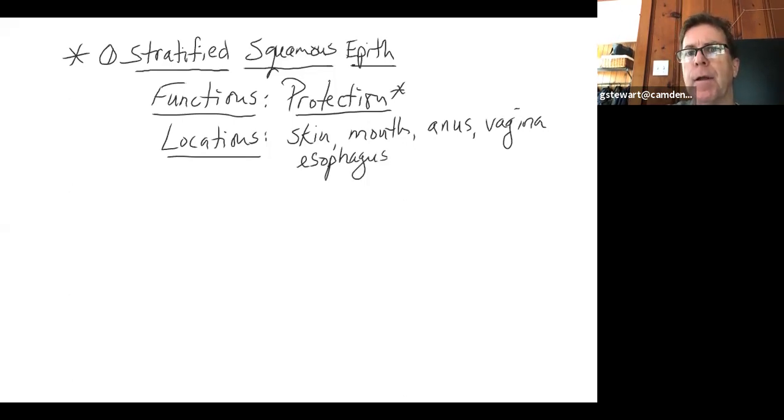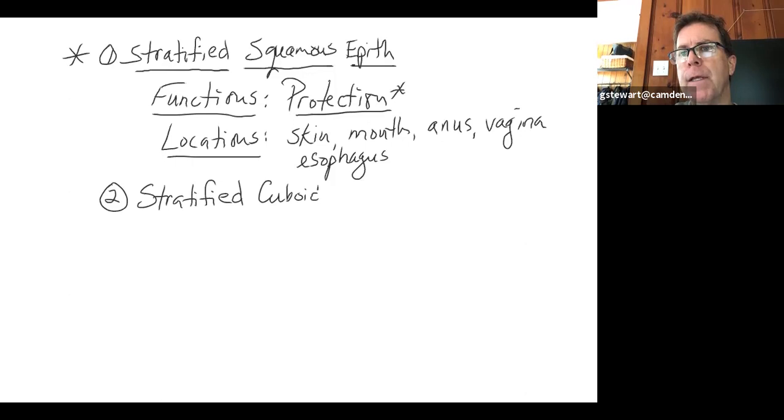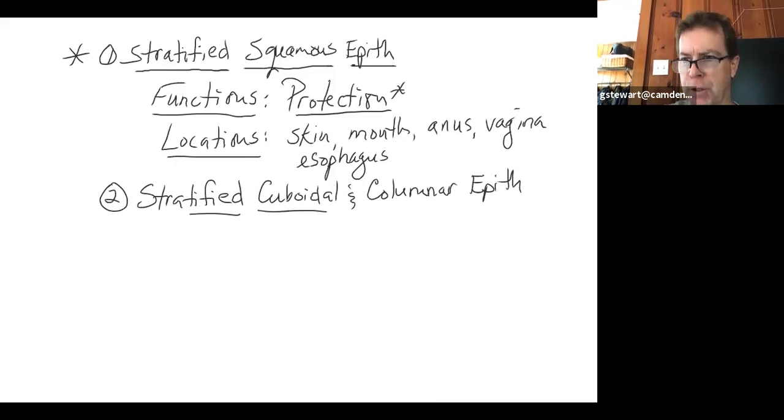All right, let's move on to number 2 of the stratifieds. And we're going to combine stratified cuboidal and columnar into one category. The reason is because they're both quite rare. We know from the names what they are: more than one layer of cubed or column-shaped cells that cover or line a surface.